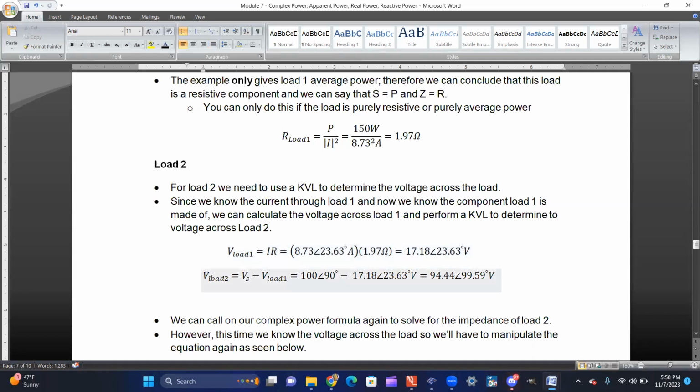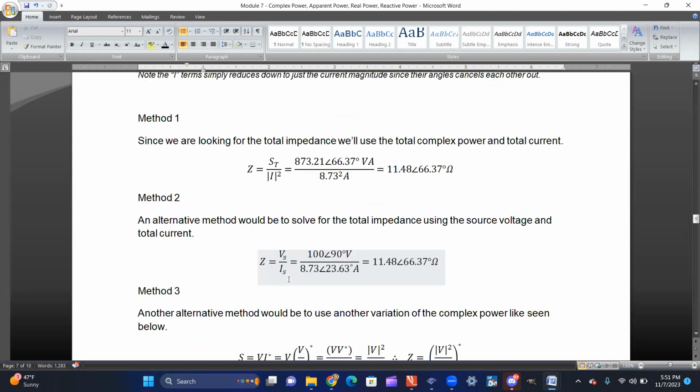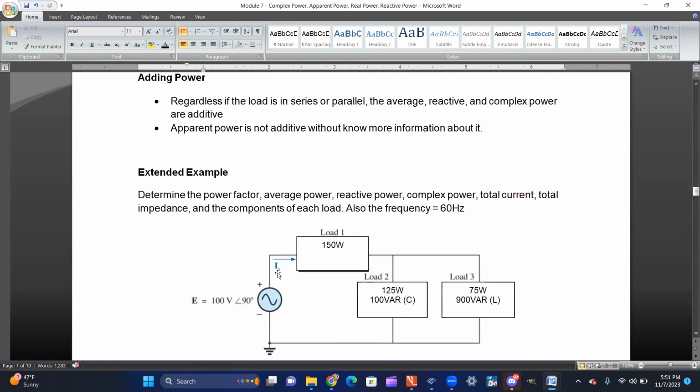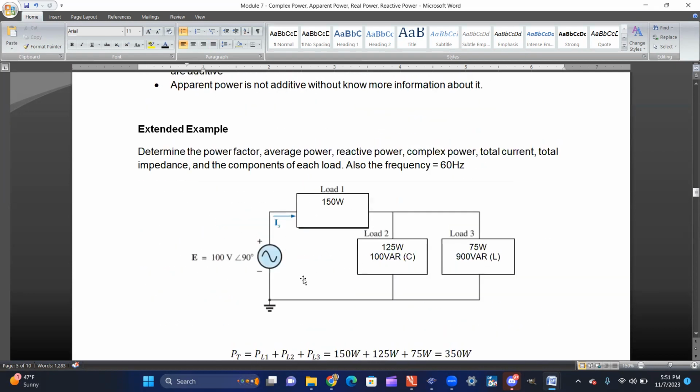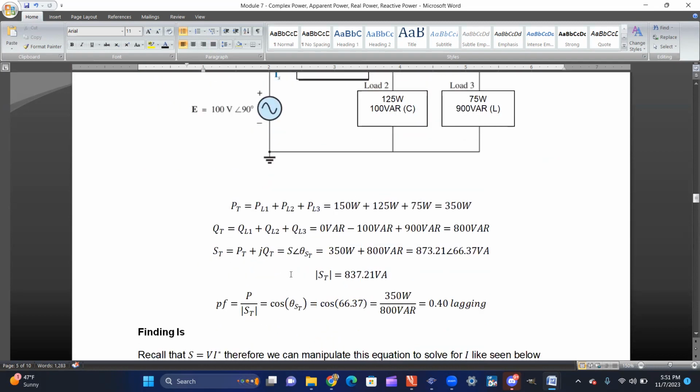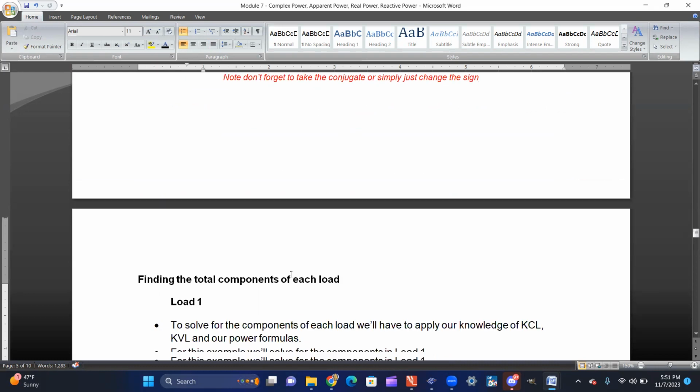And so therefore, if we do a KVL, we can take your source voltage minus your load 1 voltage to determine your voltage across load 2. And that's just a simple KVL. So we're taking source voltage minus this voltage, which should equal this voltage right here, because we all know the sum of the voltage in a loop should equal 0. That's your standard Kirchhoff voltage law.